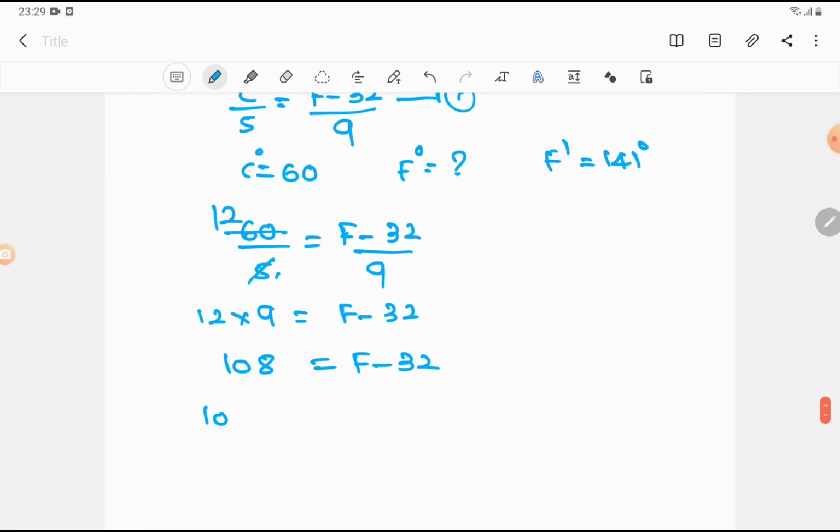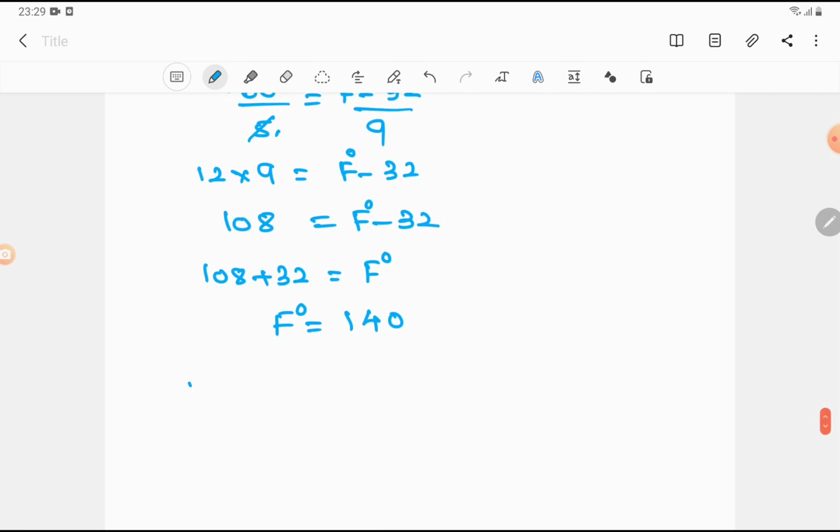So 108 plus 32 is equal to F, therefore F is 140. I could say F naught is the value for C naught, therefore error delta F is equal to mod of F dash minus F naught, that is 141 minus 140, that is 1 degree Fahrenheit.